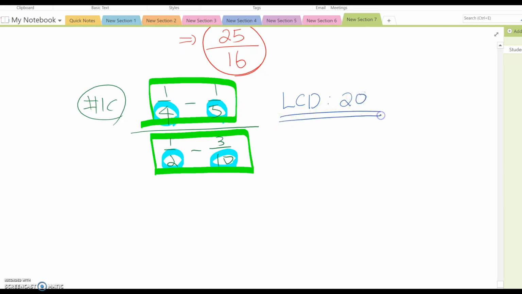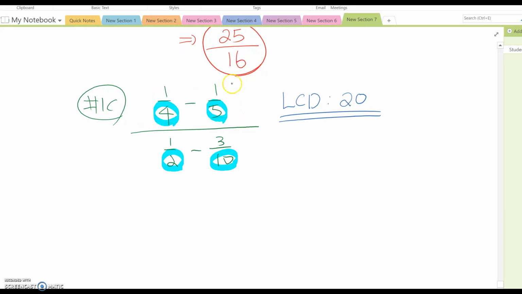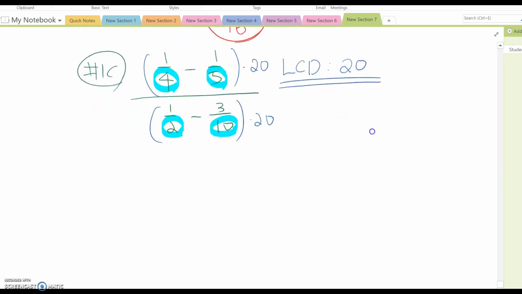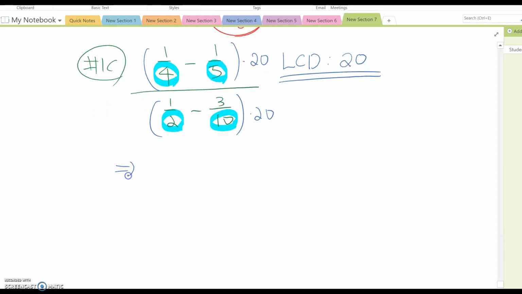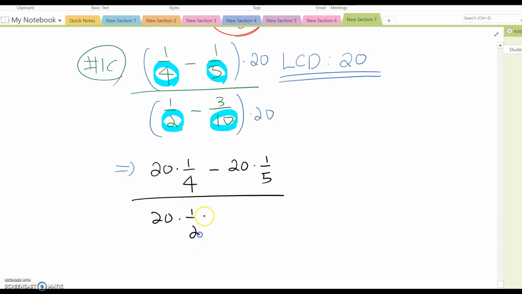Okay, next step, you multiply 20 by every fraction. So this becomes 20 times 1 over 4 minus 20 times 1 over 5, over 20 times 1 over 2 minus 20 times 3 over 10.